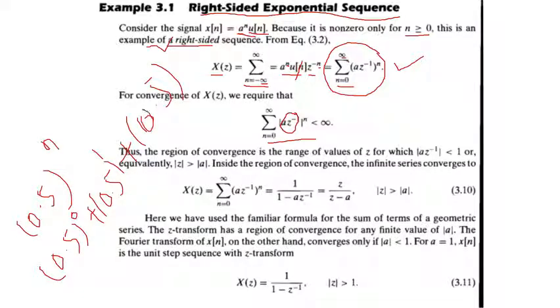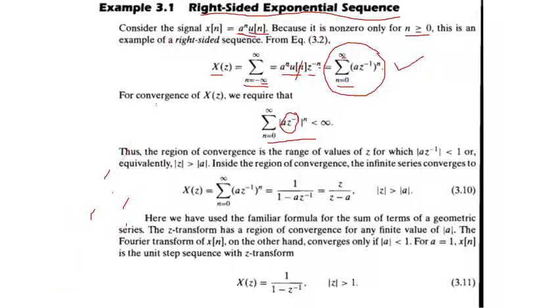As long as the power is increasing, the sequence will die down. So we need this argument to be less than 1. I can say a z raised to power minus 1 should be less than 1.